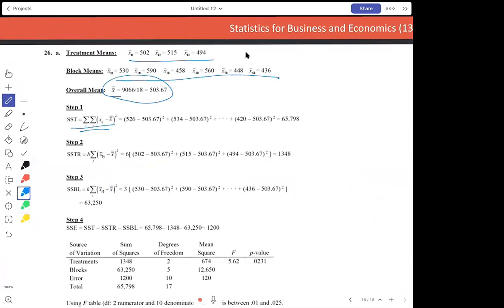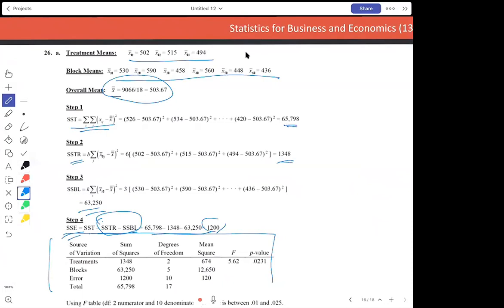As you can see, we got that here. Then we calculate SSTR for the treatments, and then SSBL. SSE we find by subtracting SSTR and SSBL from SST. It gave us 1200. And then we put the ANOVA table together.